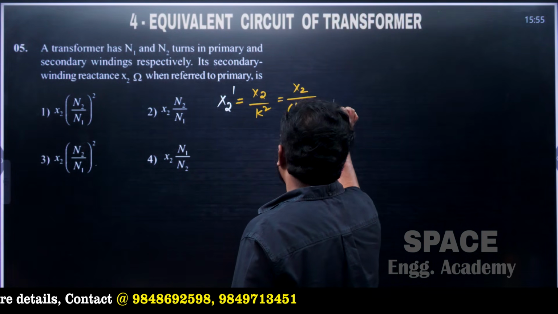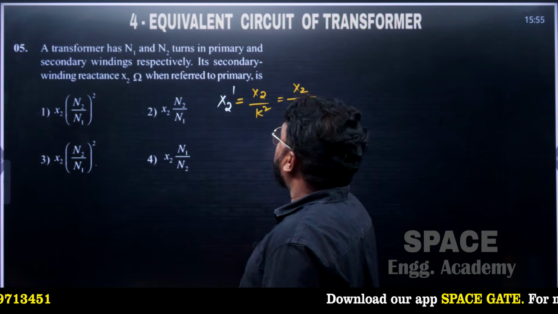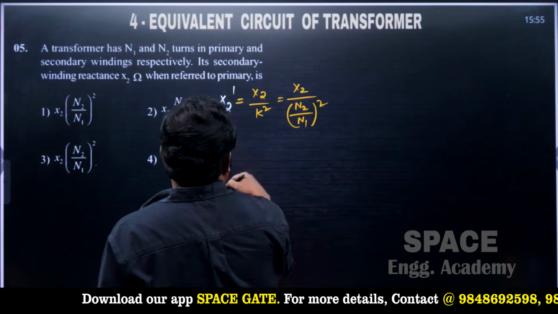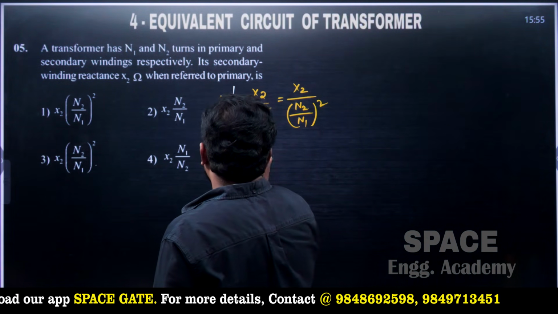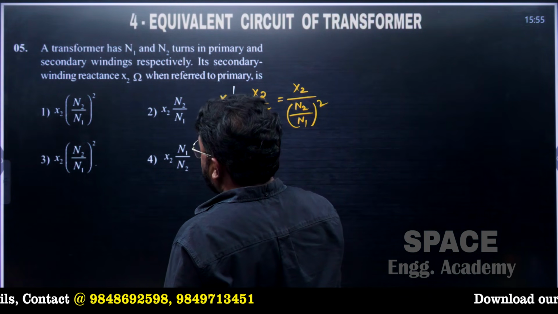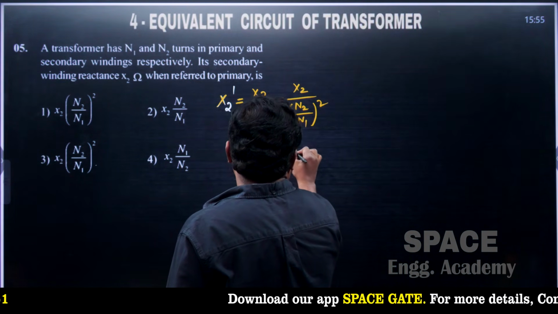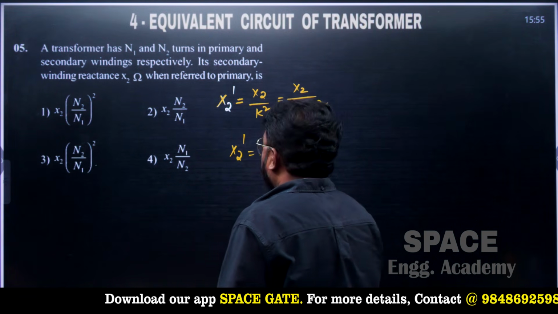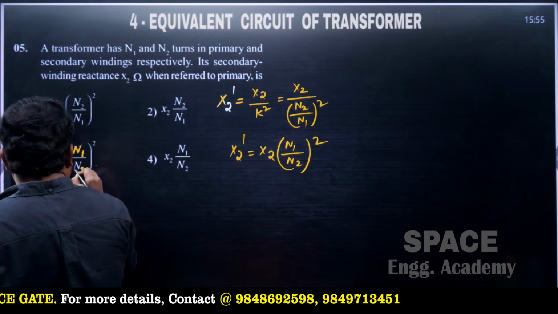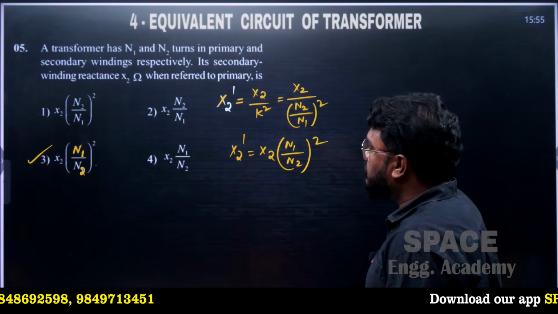So X2 dash is equal to X2 into N1 divided by N2 whole square. So option number 3, N1 divided by N2 whole square, is correct. The answer is X2 into N1 divided by N2 whole square.